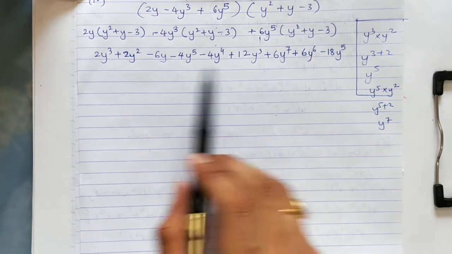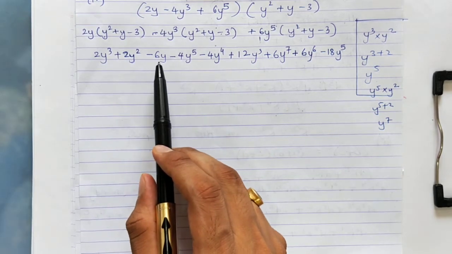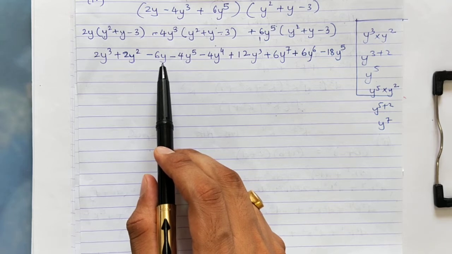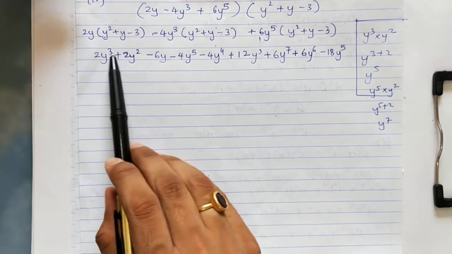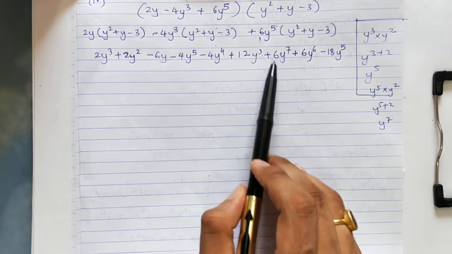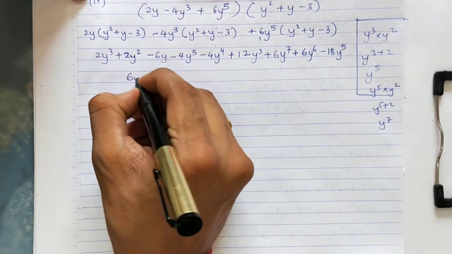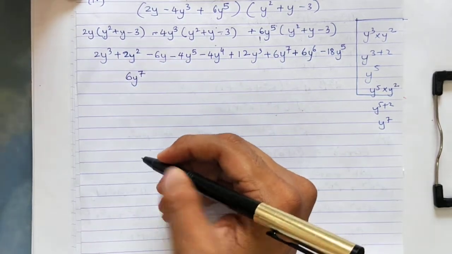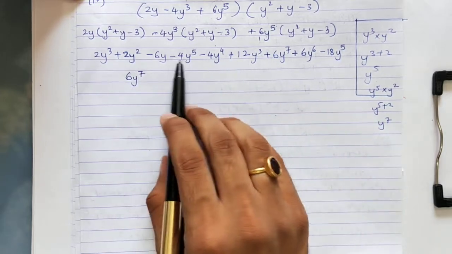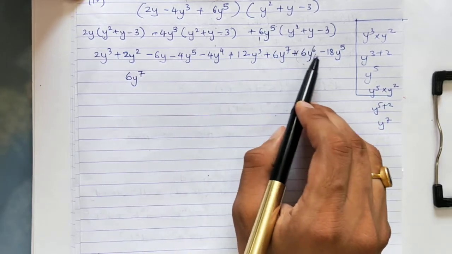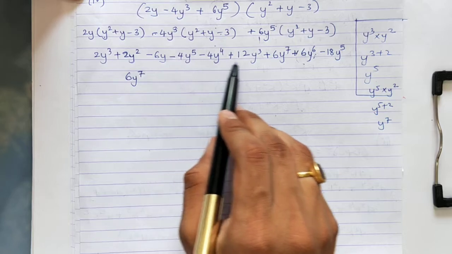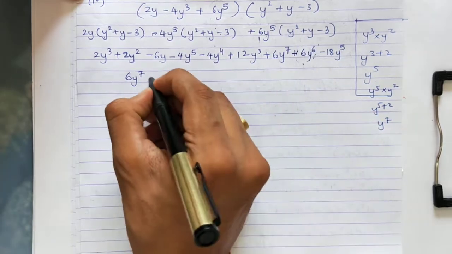Let's arrange them properly first. I told you that the highest power will come first. The highest power here is 7, 6y7, so I'll write 6y7 first. There is no other y7. Then there is y6, only one, 6y6, so this will come here.